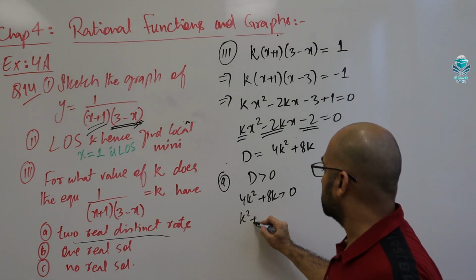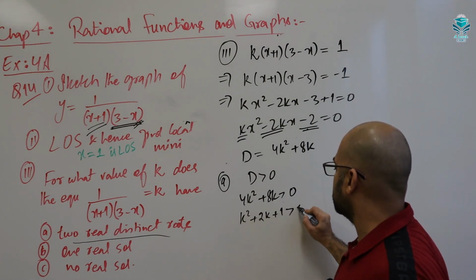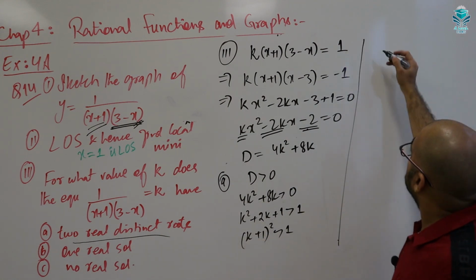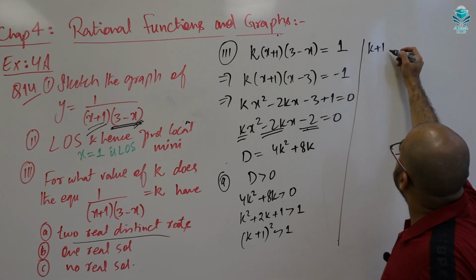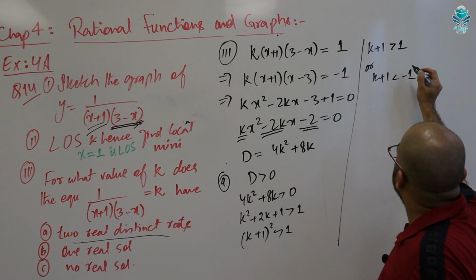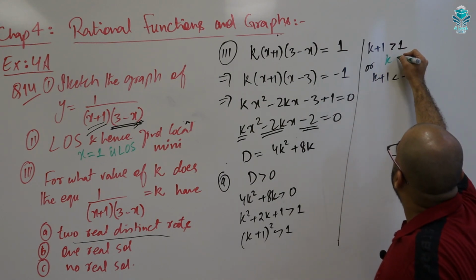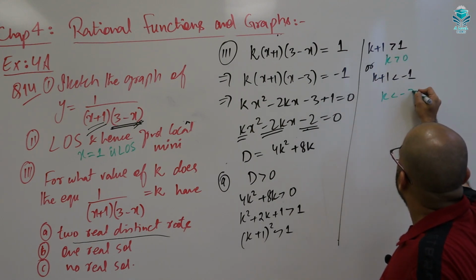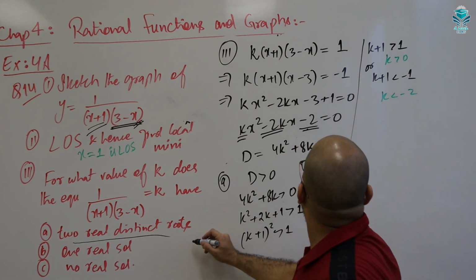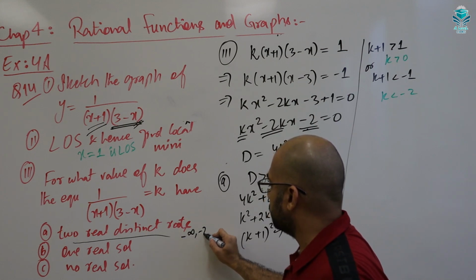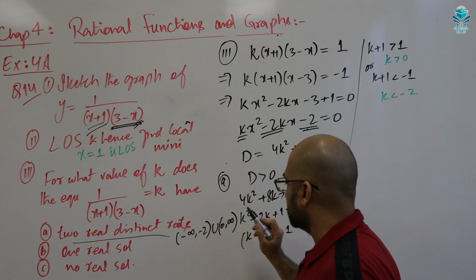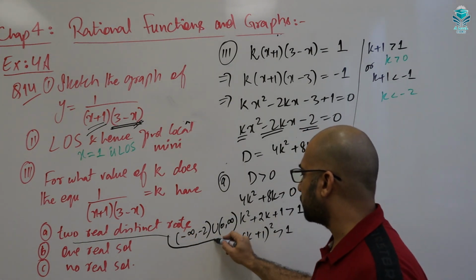You have k squared plus 2k plus 1, which is (k+1) squared greater than 1. So k+1 can be greater than 1 or k+1 can be less than -1. So it implies k greater than 0 and k less than -2. So for distinct roots, the range is (-infinity, -2) union (0, infinity). Understand? This is the answer for the first part.